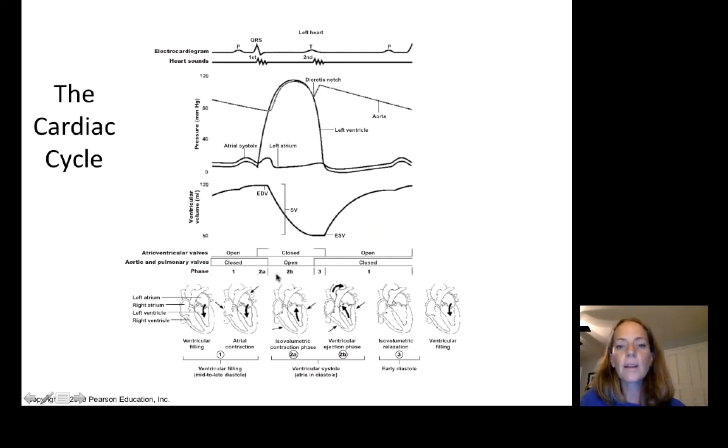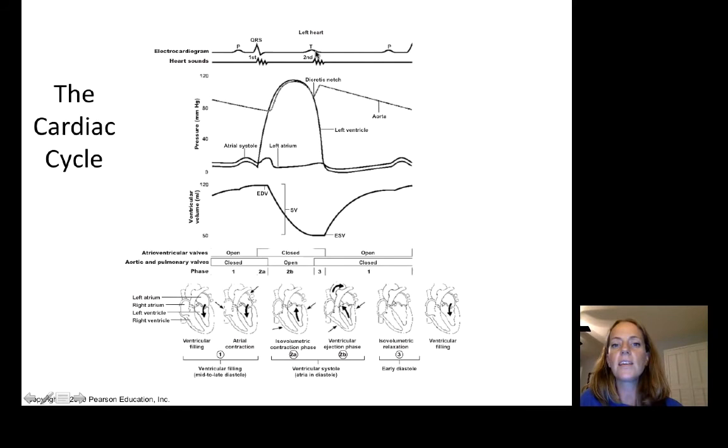I have another one here which is a bit more clear. So first you have a P wave. That P wave causes contraction of the atria, or atrial systole. Then you have a QRS wave. That QRS wave causes ventricular systole, or ventricular contraction.